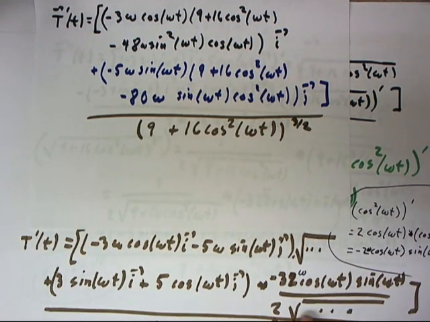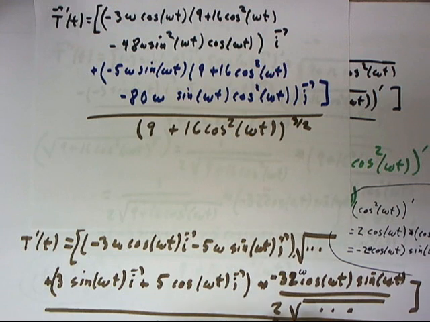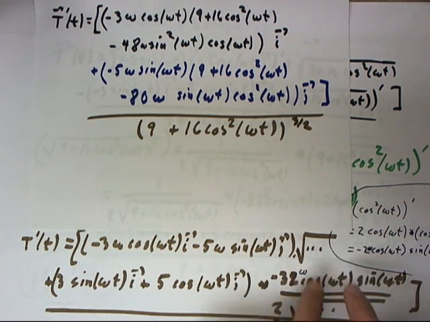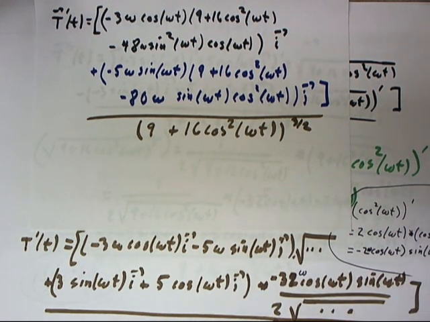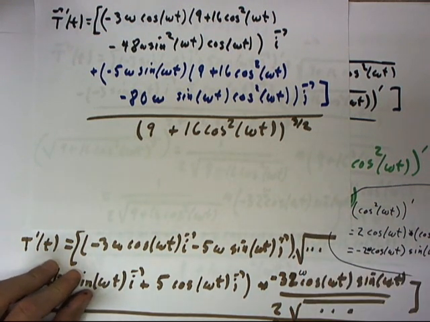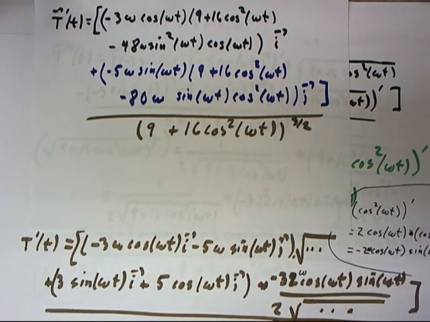by this square root. Multiplying the denominator through the square root, I get the square root times the square root here. Remember, this is the square root of 9 plus 16 cosine squared of omega t, so that the square root here just becomes a factor, 9 plus 16 cosine squared of omega t.